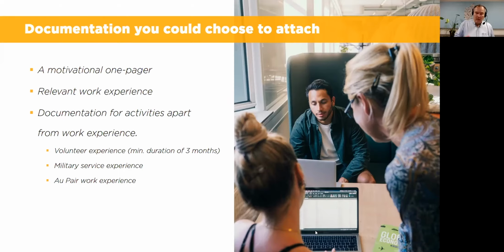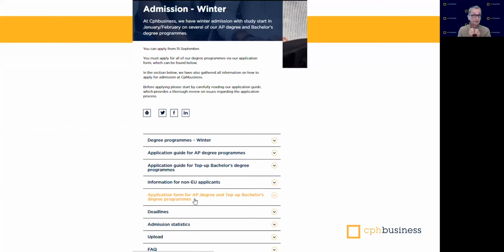However, now I will hand over to Charlotte again, and she will give you some further details about how to apply. Absolutely. Because once you have gathered all the documentation you need to apply, you find our application form on the home page under Admission Winter.